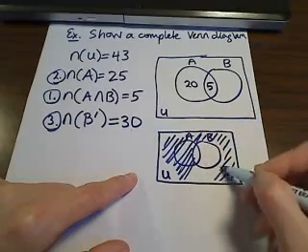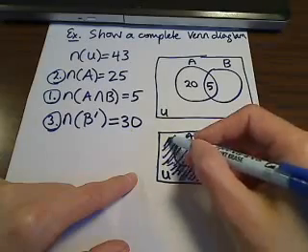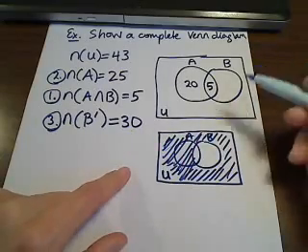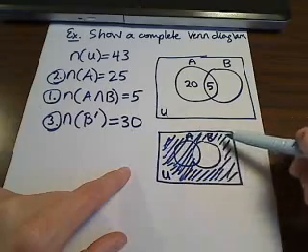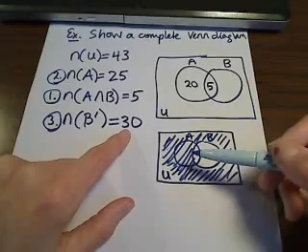All right, so what that's telling me is that this region in here that involves A and this region out here is going to have a total of 30 elements in it.